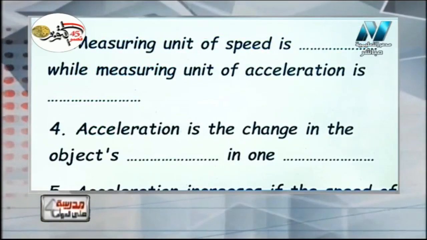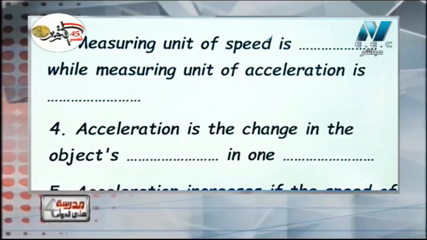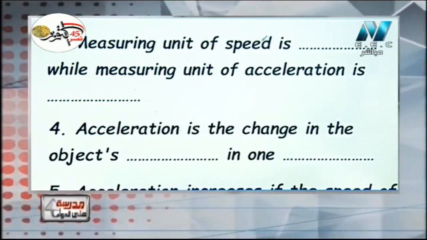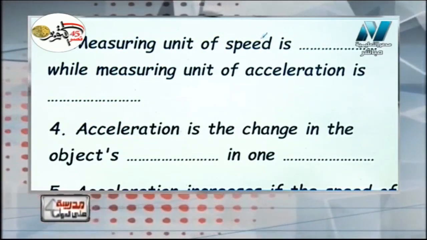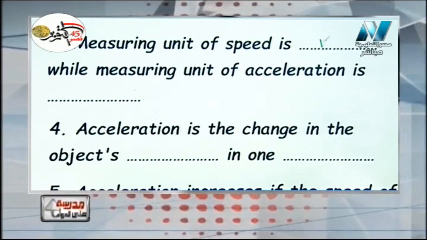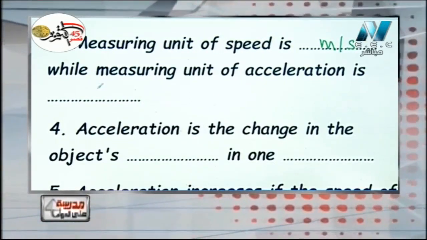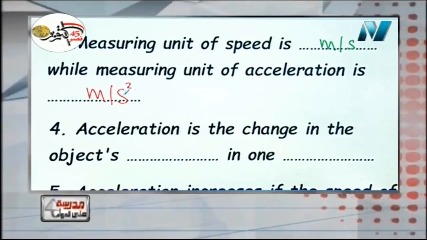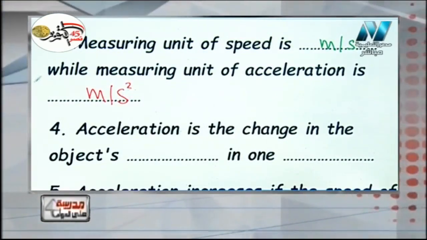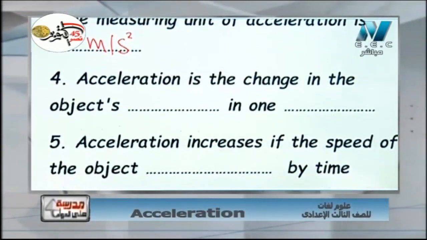Next one. The measuring unit of speed is what, while the measuring unit of acceleration is what? We have two measuring units of speed, meter per second and kilometer per hour. So we can write here meter per second as the measuring unit of speed, and the measuring unit of acceleration is meter per second squared, because again acceleration is the change in speed as time passes, or in 1 second.